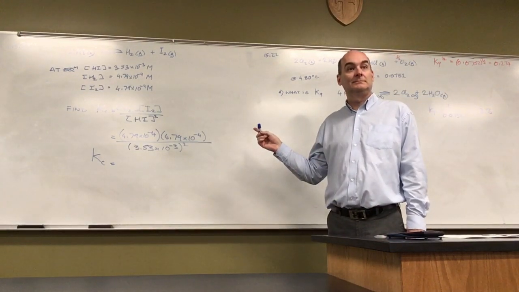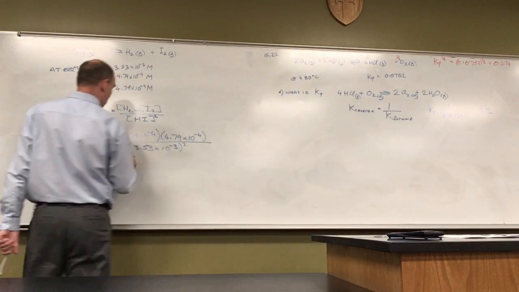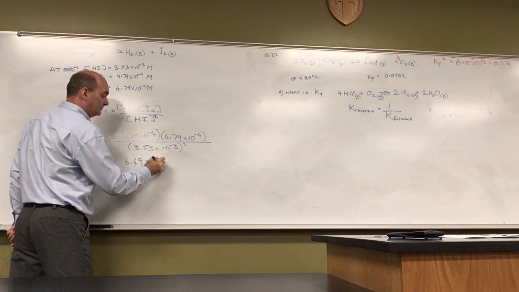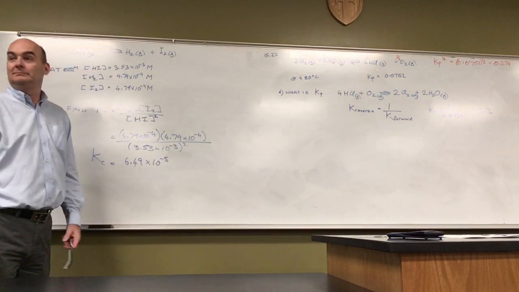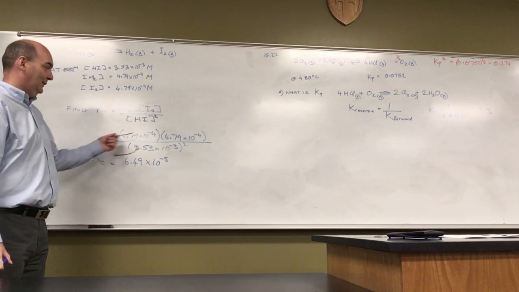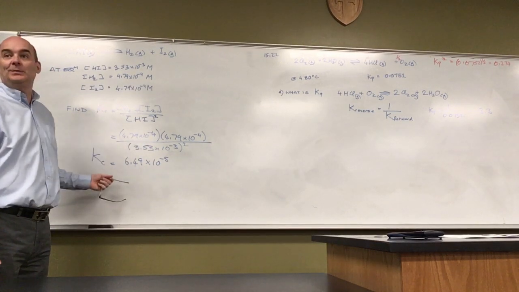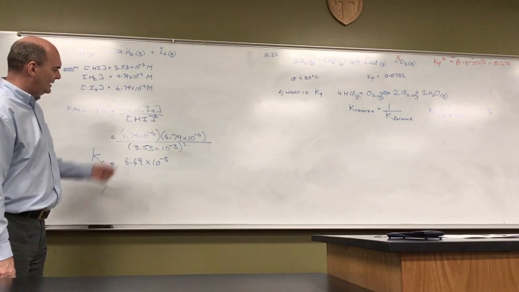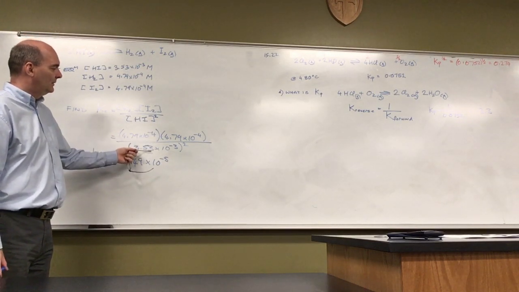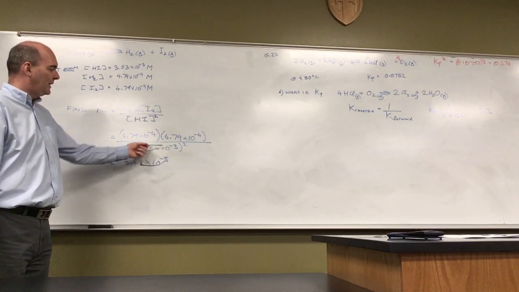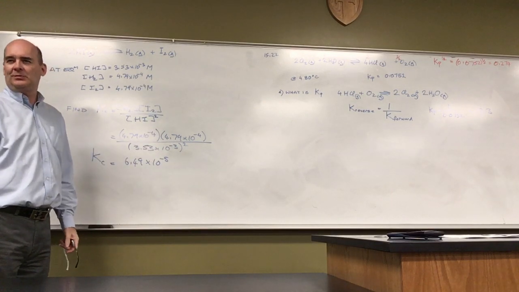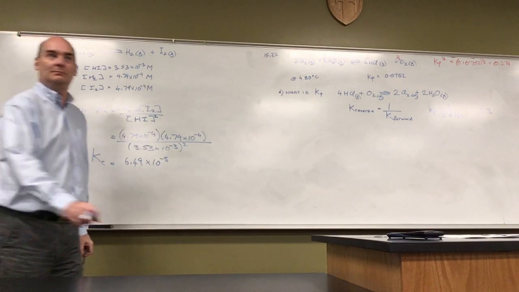I got 6.49 times 10 to the negative fifth. Okay, I don't know what the answer is, but I believe you. Because if you've done this right, that's all you have to do, that should be the right answer. A small number squared divided by a not-as-small number squared should make the whole number get a little bit smaller. So it looks like it's in the right order of magnitude.